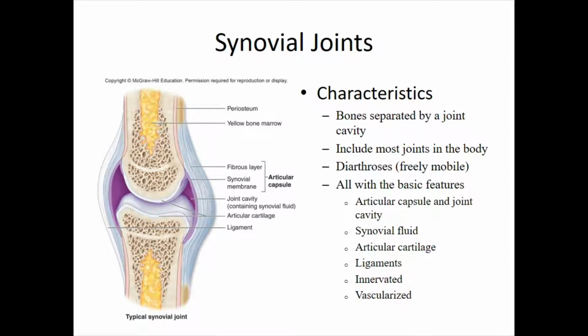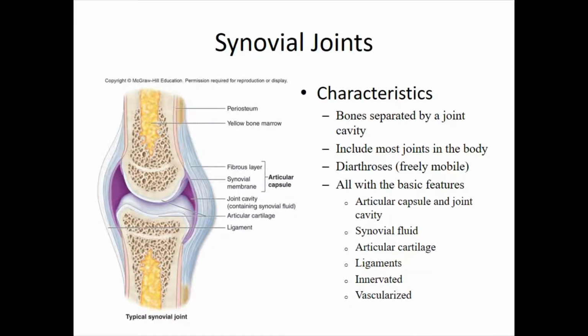The major characteristic is that we have two bones separated by a joint cavity. So most of the joints in your body are going to be synovial joints. These are going to allow for movement. You probably know some of them and will be at least a little bit familiar with a couple of the ones that we're going to study in detail.